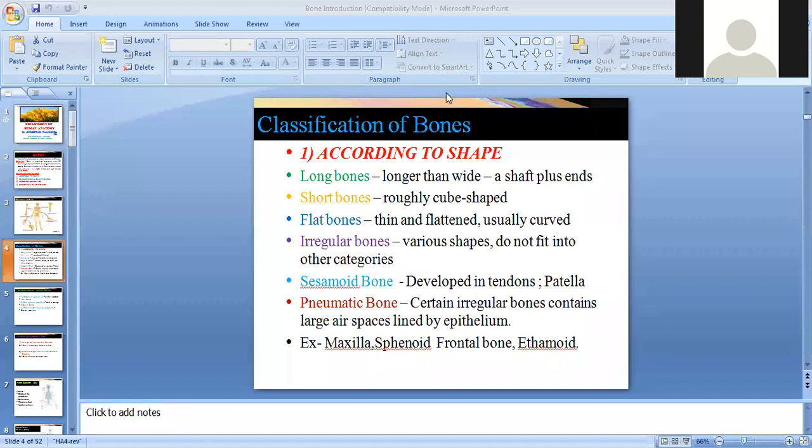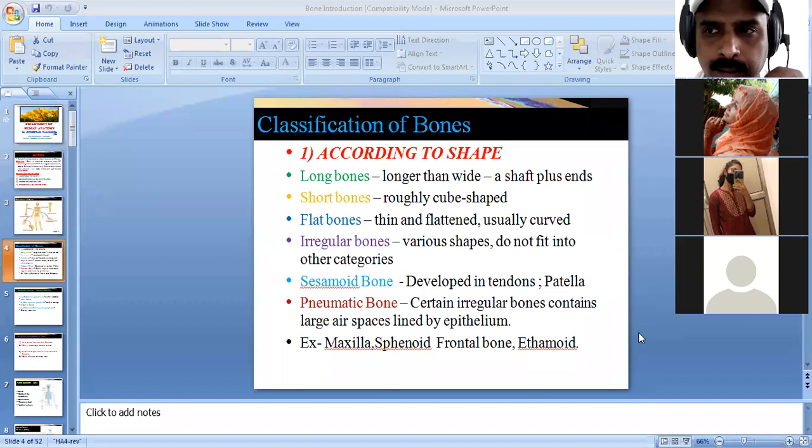So certain irregular bones contain some air-filled spaces and are called pneumatic bone. So it is very important to understand the total classification according to the shape.